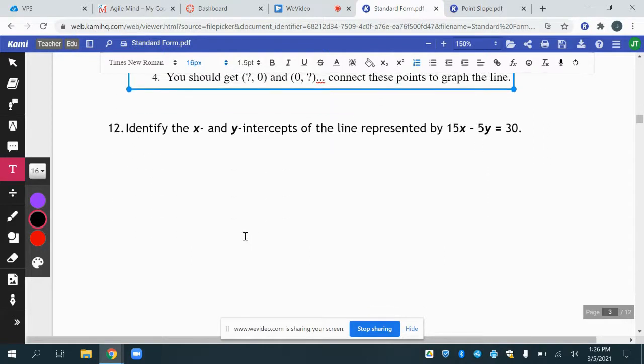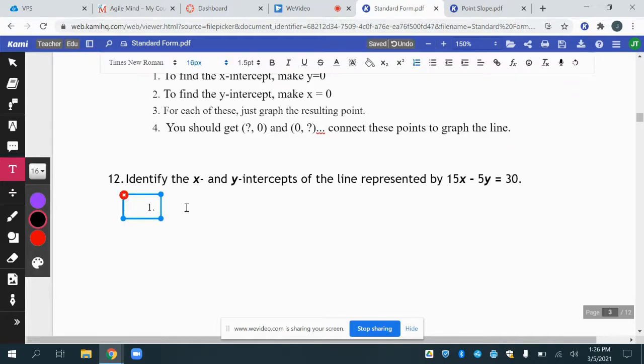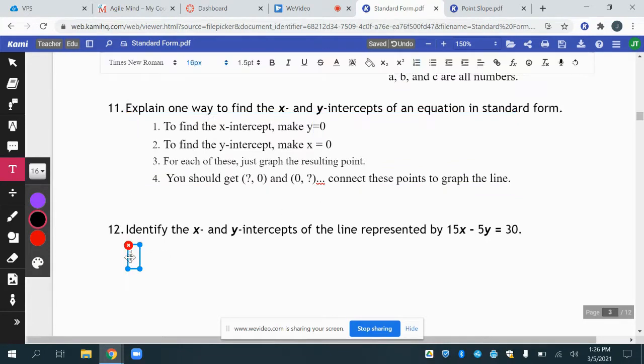All right, so let's try that. We're going to do step 1 right now. We're going to make y equal 0, okay? Step 1. That's going to be 15x minus 5 times 0 equals, right?